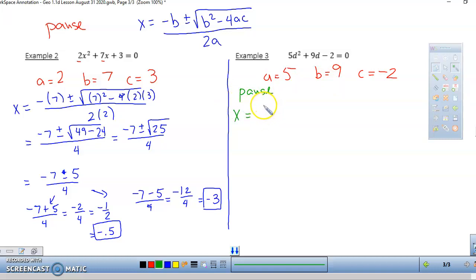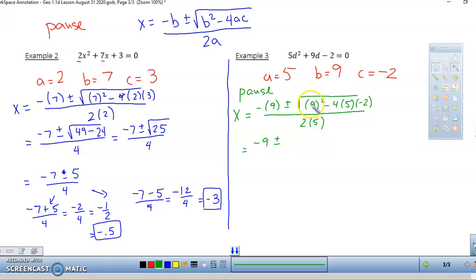Okay, welcome back. So you are going to do -b plus or minus the square root of b squared minus 4ac, all of that over 2a. Okay, simplifying. So again, if you need to go to the calculator to help you simplify, but this is going to be 81.